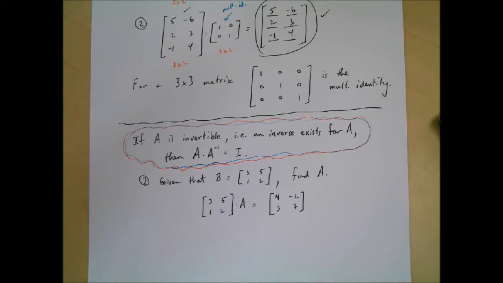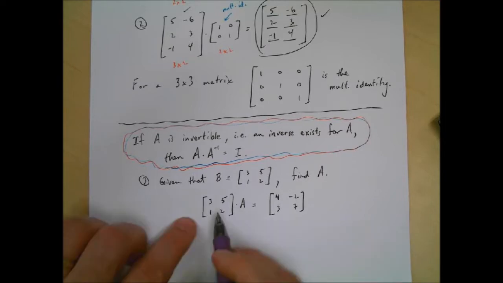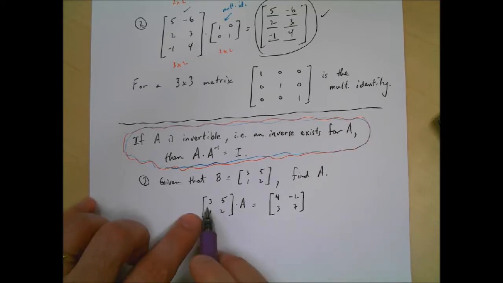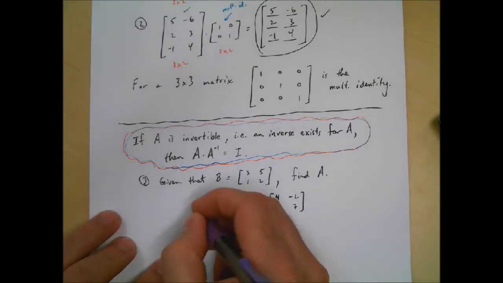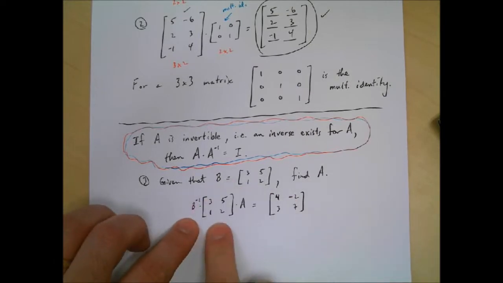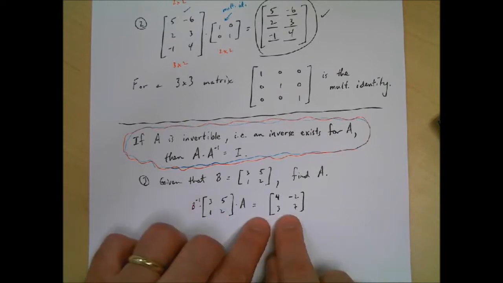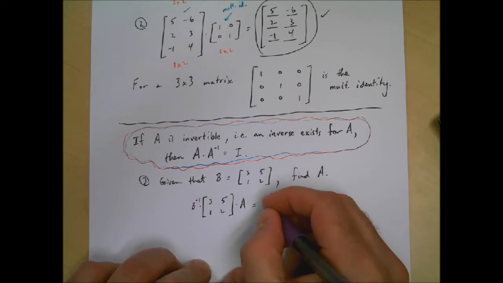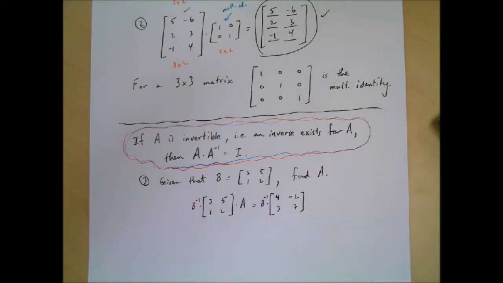Okay, but what we can do is, because this is matrix B, if I can find the inverse of B, I can multiply by B inverse. Okay, now I'm multiplying the left side by B inverse, which means over here on the other side of the equation, I must multiply on the left side by B inverse as well.